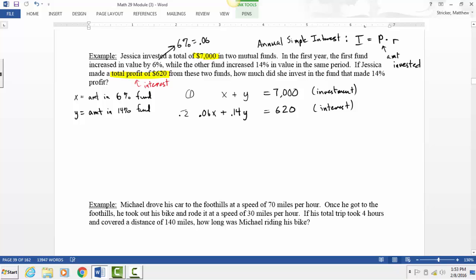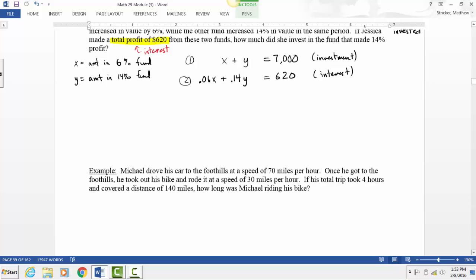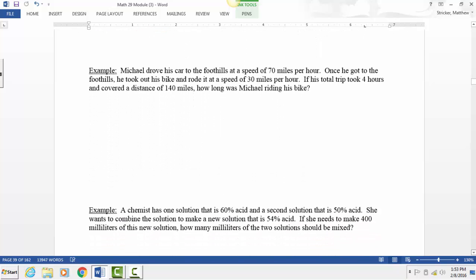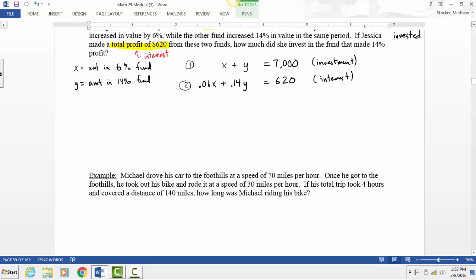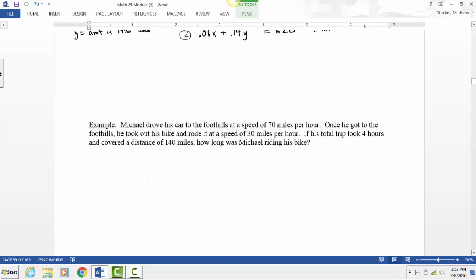There's equation 1 and equation 2. Okay, and then of course, as a reminder, you could go ahead and solve both of those equations using either method.